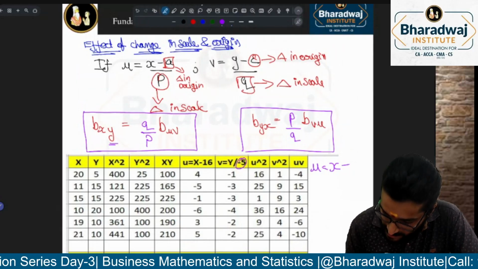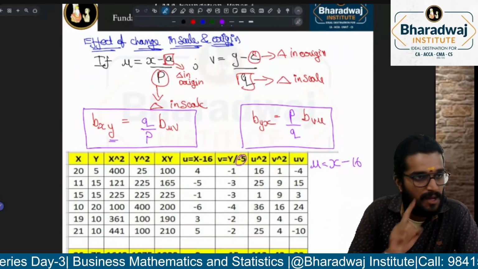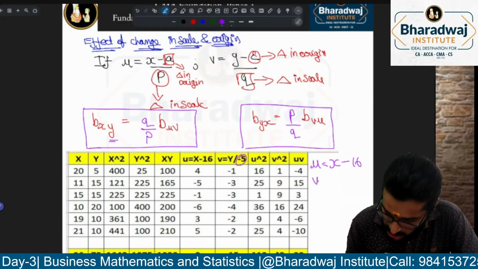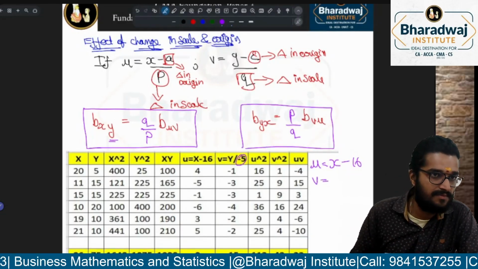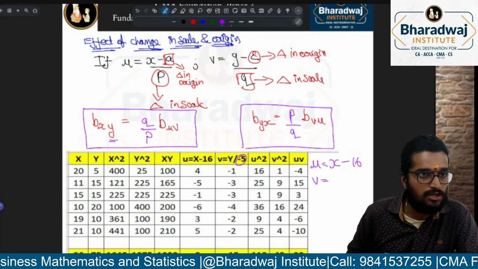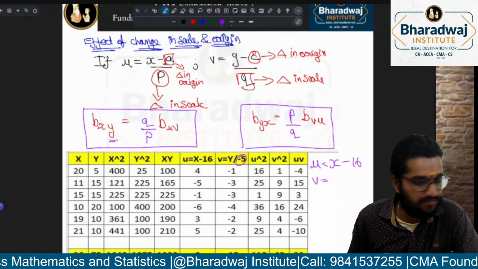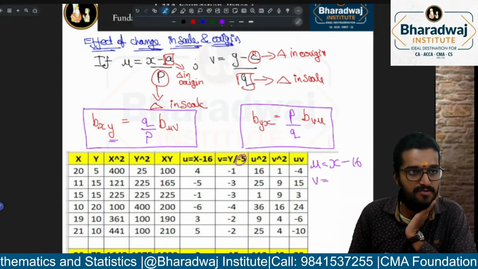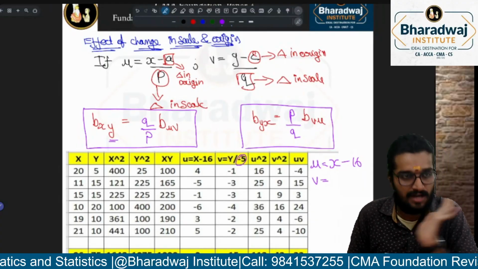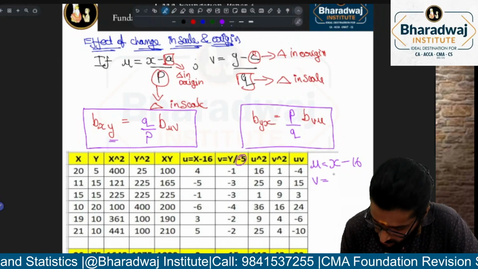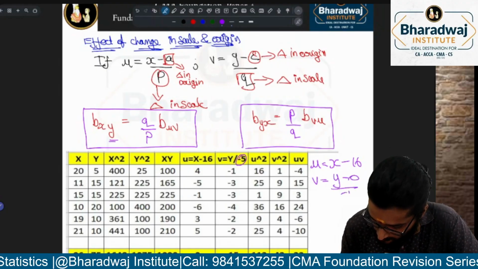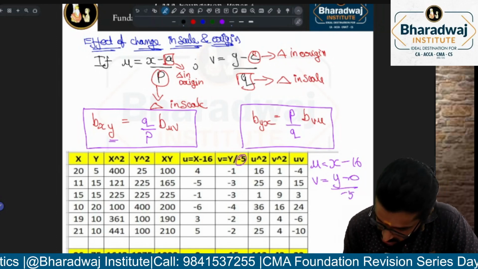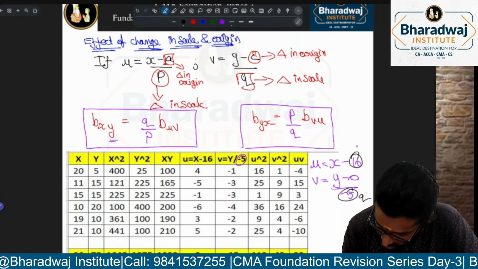What is that a? 16 divided by p is 1. And v should be written as y minus c divided by q. So that q is minus 5, that is minus 1 by 5. Wait. Yeah, q is minus 5. So this is your q and this is your a.